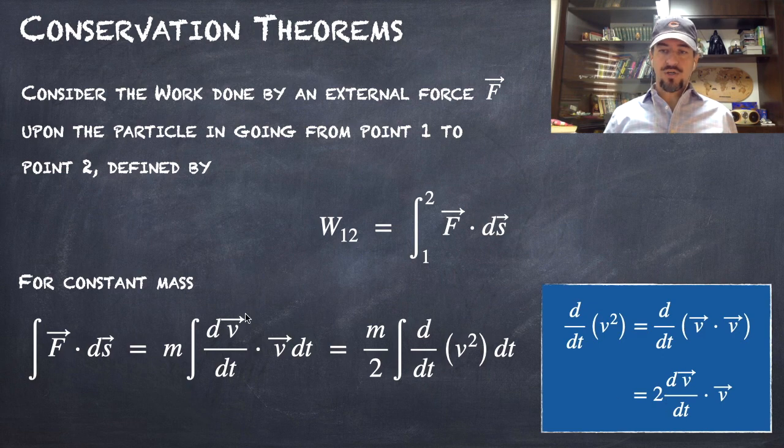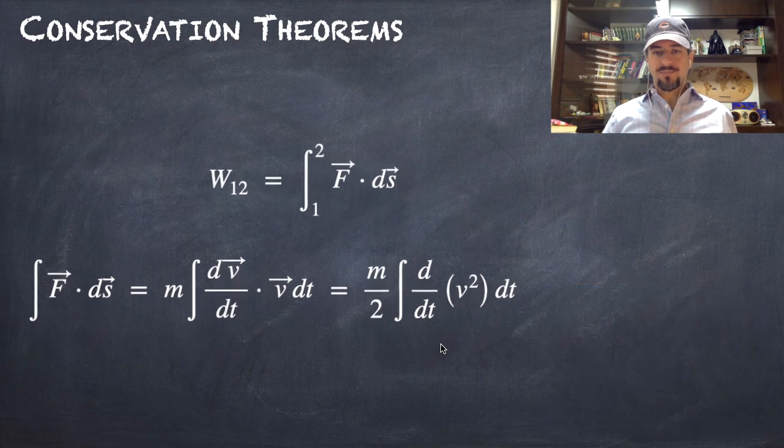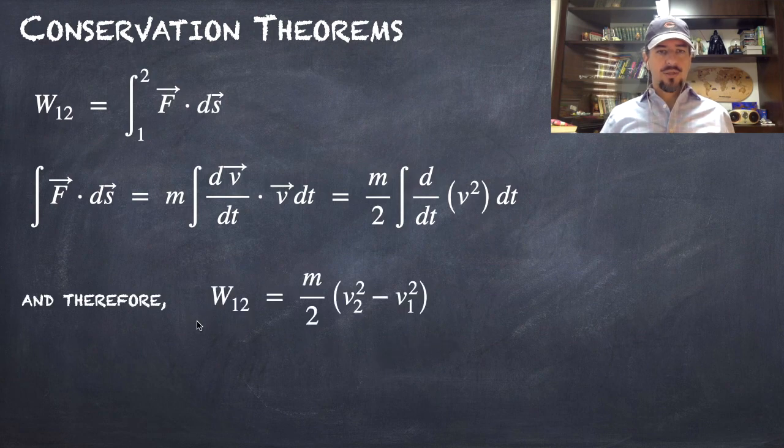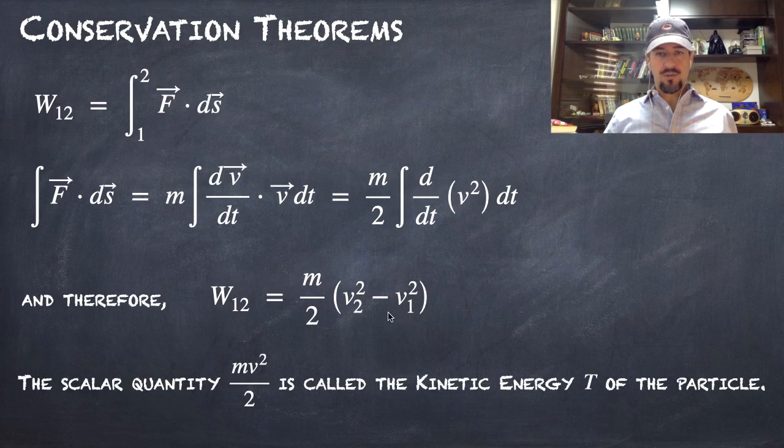So this term here is exactly what we have here, dv/dt multiplied by v, and then I can write it as 1 over 2 d/dt of v squared. And therefore, the work of the force in going from point 1 to point 2 is going to be m over 2 times v squared at point 2 minus v squared at point 1.